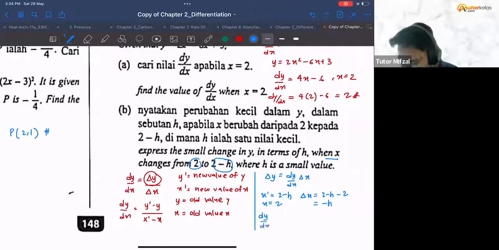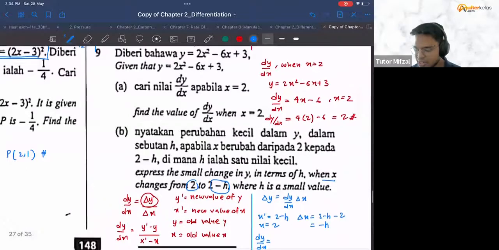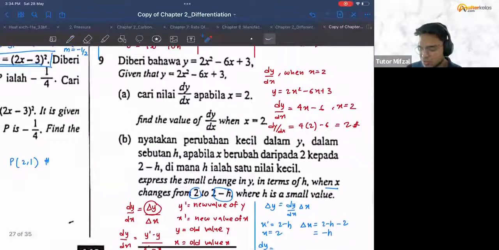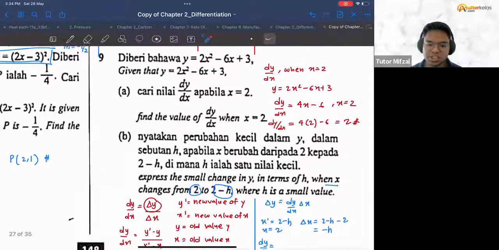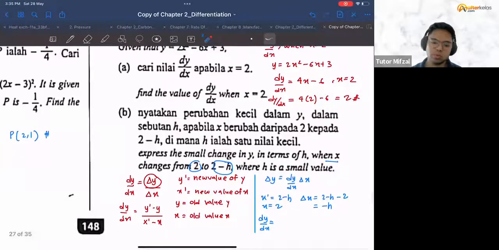Now let's find our dy over dx. The trick for dy over dx is always to use the old value. When you have dy over dx from this equation, y equivalent to 2x squared minus 6x plus 3, when you differentiate, you substitute the old value of x, which in this case is 2. Do you sort of understand?